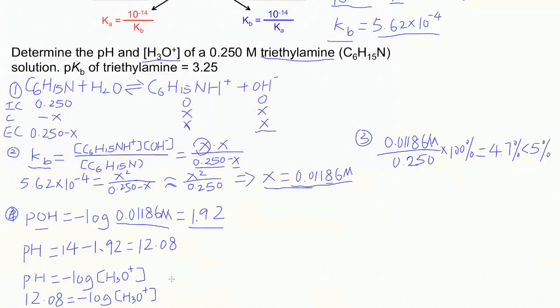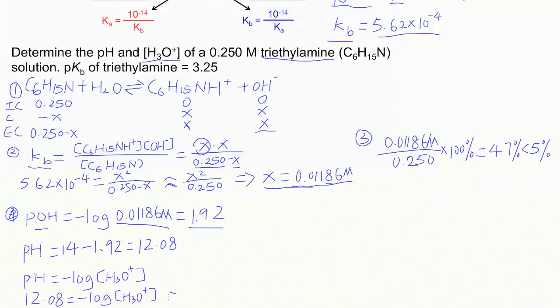Okay, and here in order to get the concentration of this hydronium, you are going to move the negative sign to this side and then raise the two sides to the exponent position of 10. Sort of like we did when we calculated the Kb value.